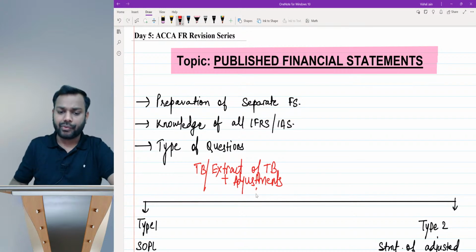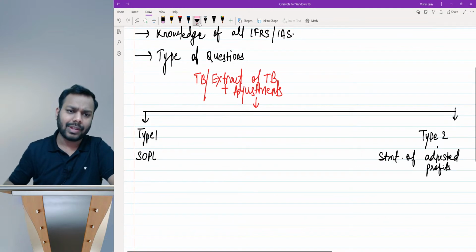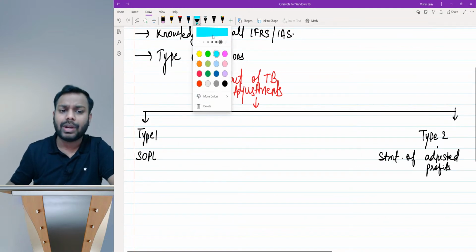From these adjustments and the trial balance or extract of trial balance, for type 1 you have to prepare the SOPL, or for type 2 you have to prepare the statement of adjusted profits. Now we must understand that this will not be the only requirement in the question, okay?